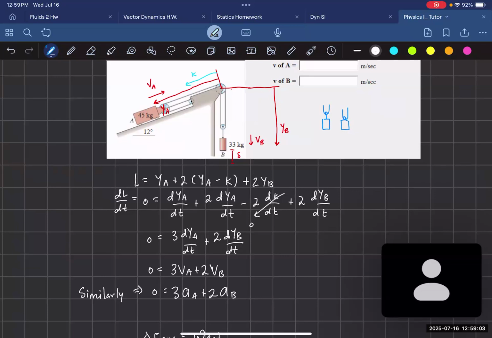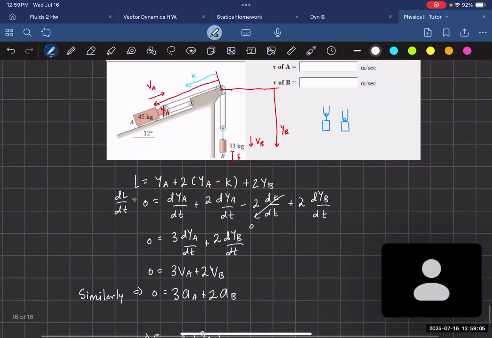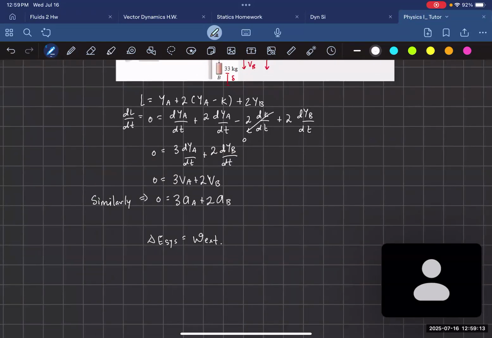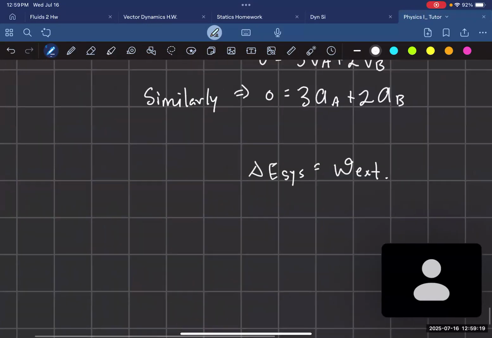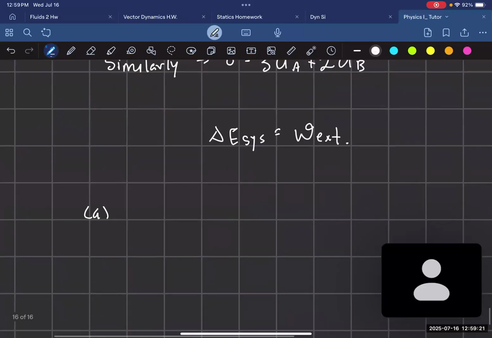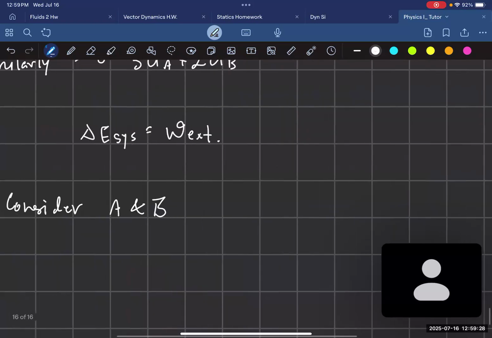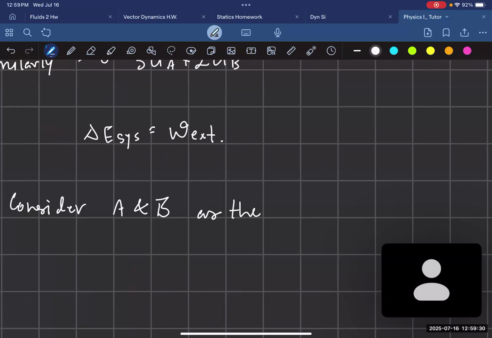Or we can include boxes A and B into our system, and then there would be no external forces because everything's internal. So we're going to do it both ways. So for part A, we're going to consider A and B as the system, right?